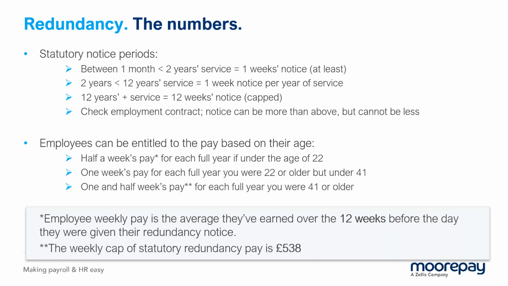Between 22 years and 40 years old, the employee would then be entitled to 1 week's pay for each year of service, and age 41 and above, the employee would be entitled to 1 week and a half's pay for each year of service within that bracket. The employee's weekly pay is the average they've earned over the 12 weeks before the day they were given their redundancy notice, and the weekly cap for statutory redundancy pay is currently £538.